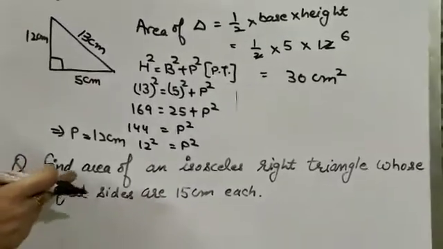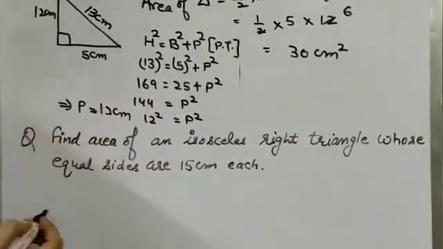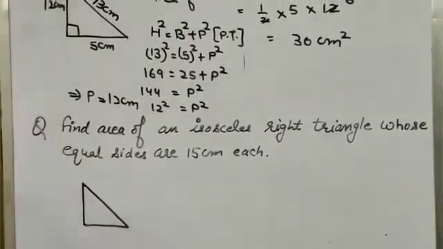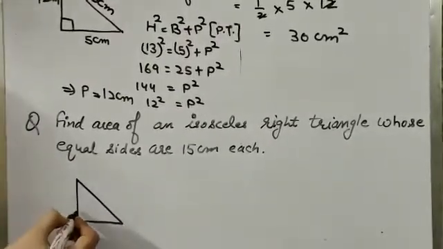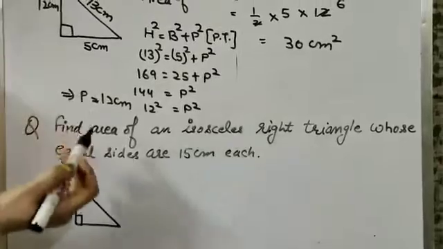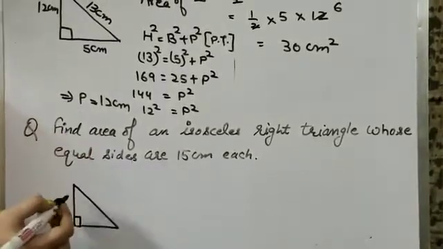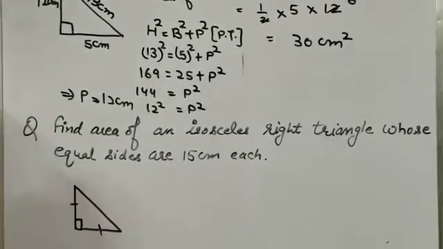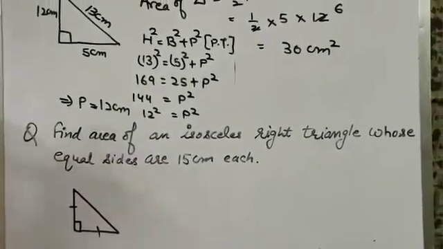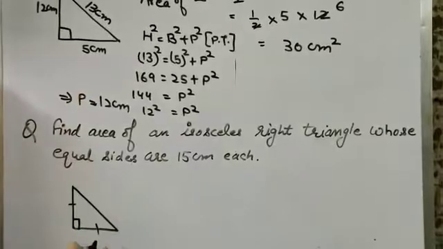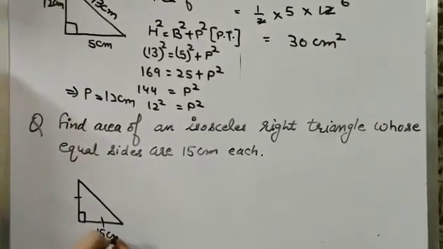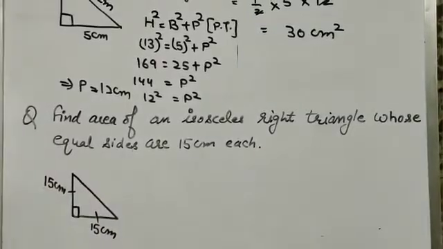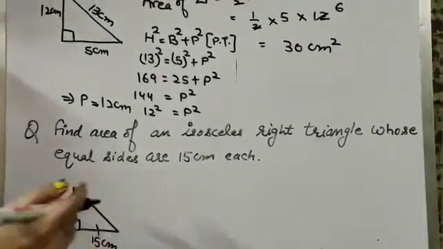Now the next question: find the area of an isosceles right angle triangle. What is an isosceles right angle triangle? This is a right angle triangle in which one angle is 90 degrees and the base and the perpendicular are equal. The measurements of base and perpendicular are equal; that is given to us as 15 centimeter and this is also 15 centimeter. We cannot take the hypotenuse as an equal side in an isosceles right angle triangle.